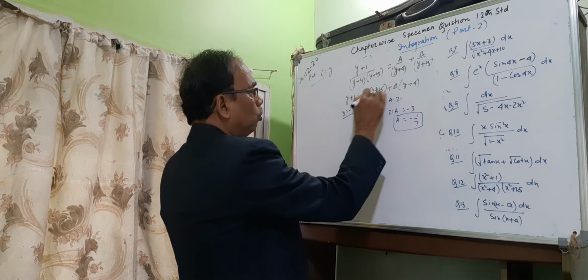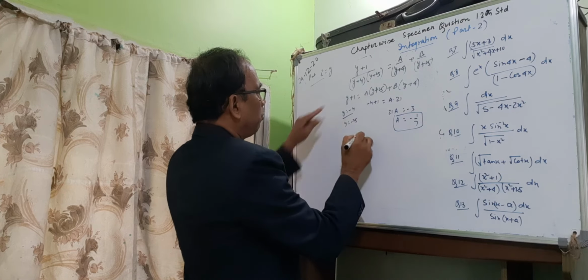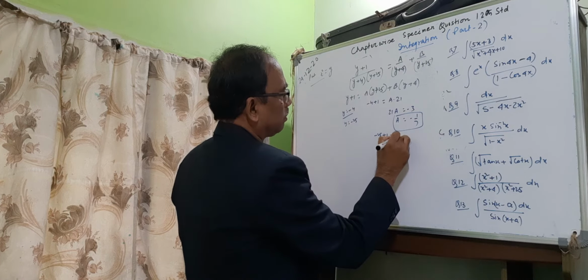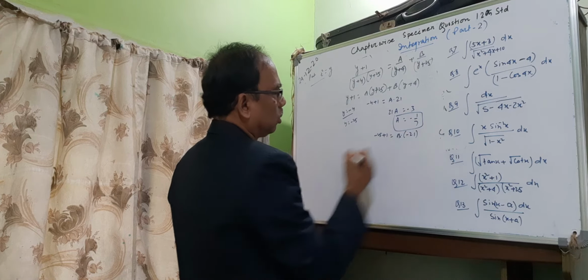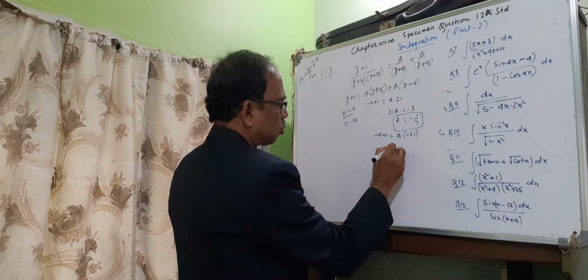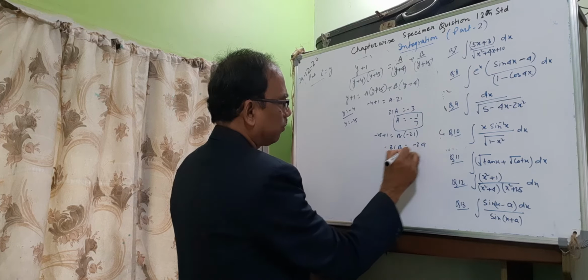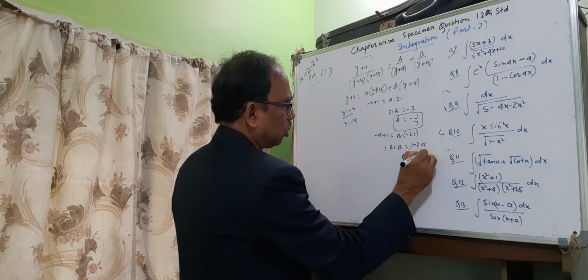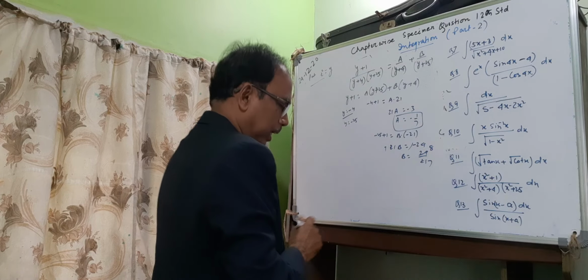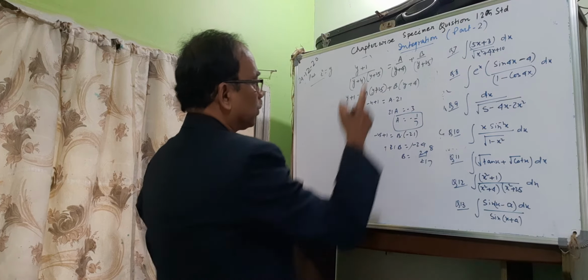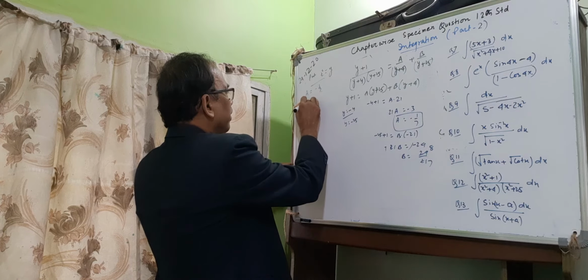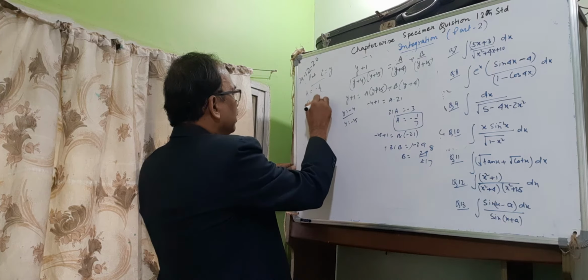Now putting y equals minus 25: minus 25 plus 1 is minus 24, equals b into minus 21, then b equals 24 by 21, which is 8 by 7. So here we got a equals minus 1 by 7 and b equals 8 by 7.